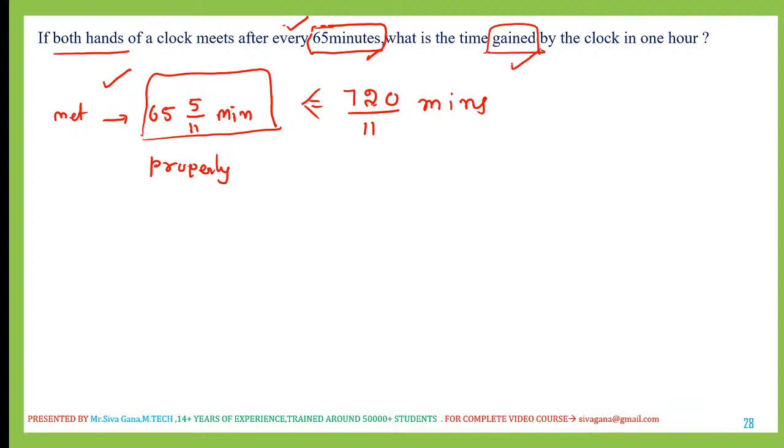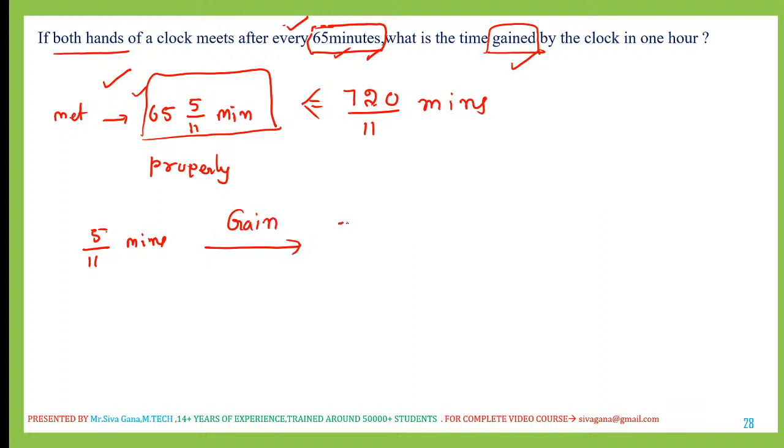That is the reason why it is gaining. The action has to be done in 65 5/11 minutes, but it is done in 65 minutes. How much is the gain? 5/11 minutes is the gain.